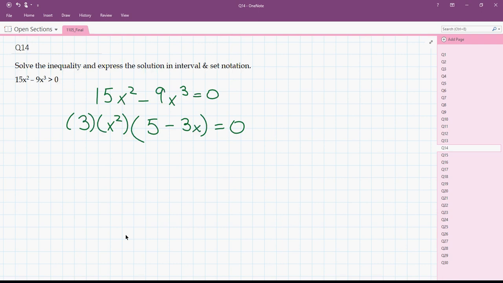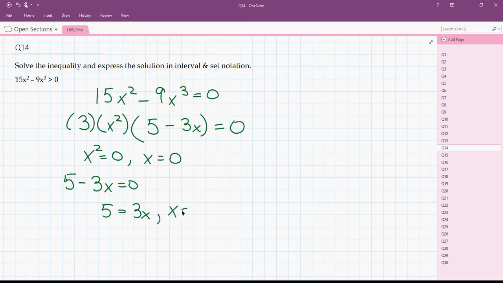And looking at this, if we're trying to solve it, the 3 doesn't really contribute anything, so we can ignore it. If we solve x squared equal to 0, we just get that x has to equal 0. There's no other numbers that satisfy that. If we solve 5 minus 3x equals 0, if we move the 3x over and divide by 3, we have 5 is equal to 3x.